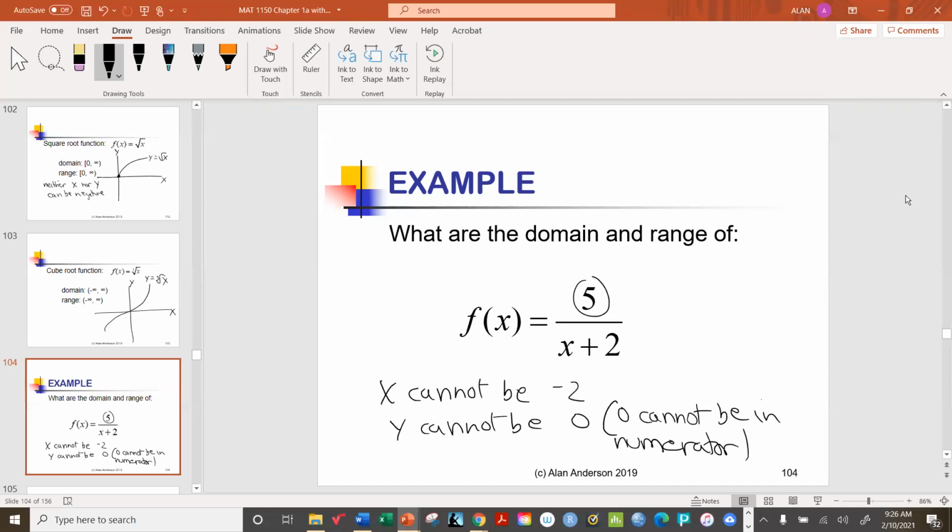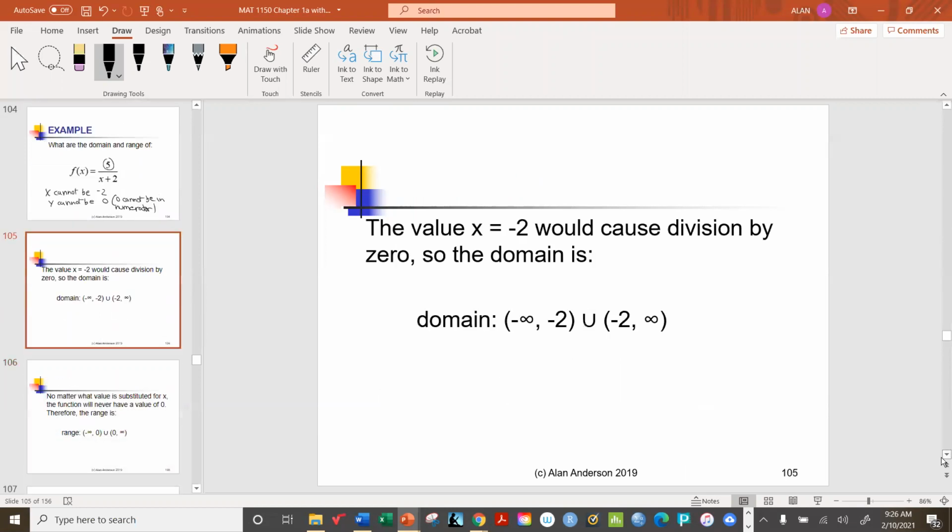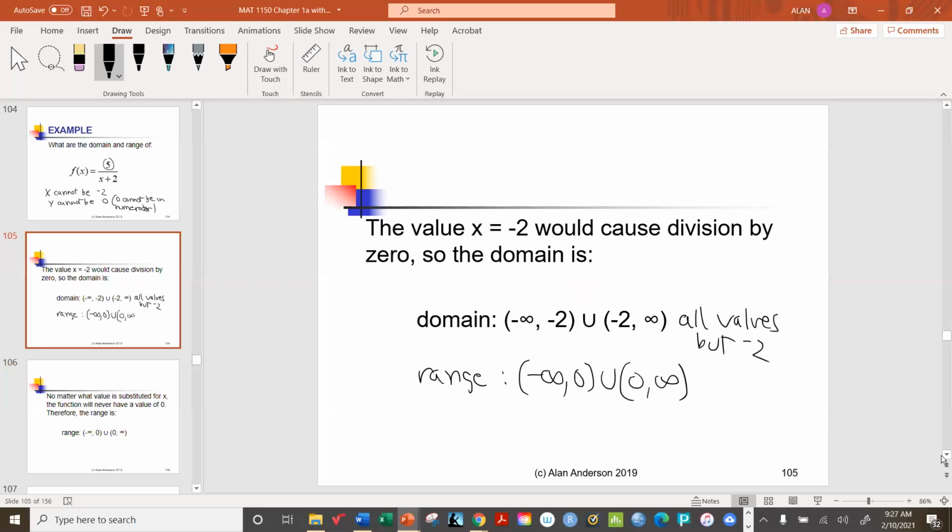And so the range and the domain are easy to write. So this is our domain. And remember how to interpret this: it means all values but -2. And the range would be, on the next slide, I'll just copy it here for you, all values but 0.